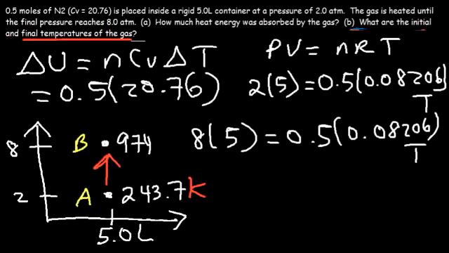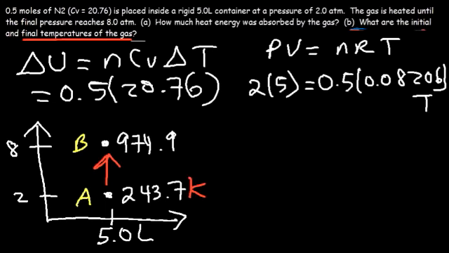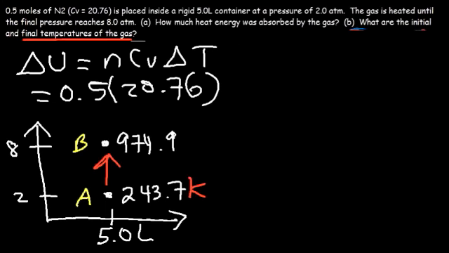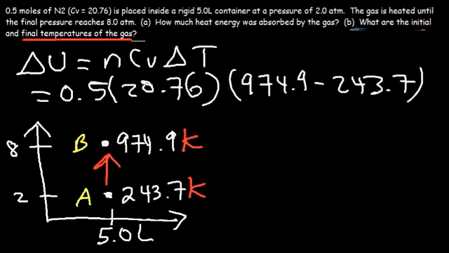So let's use the equation. 8 times 5 divided by 0.5, that's 80, divided by 0.08206. So that's 974.9 Kelvin. So now we can find the heat transferred using the other equation. So delta T is going to be the final temperature, which is 974.9 Kelvin, minus the initial temperature of 243.7 Kelvin.